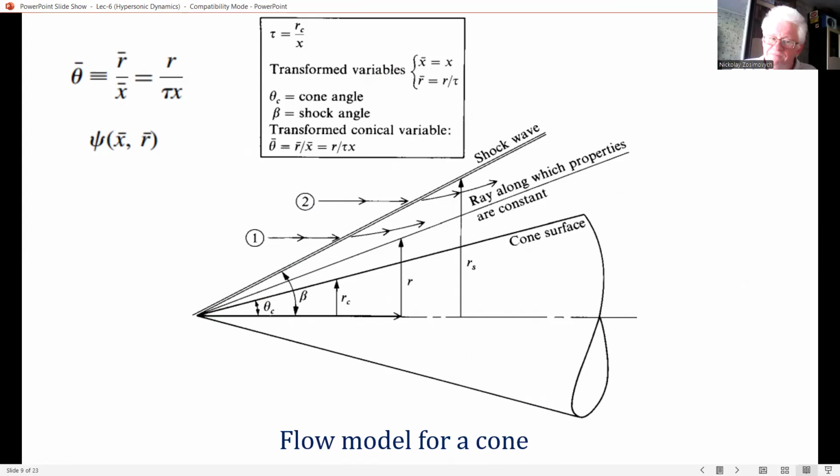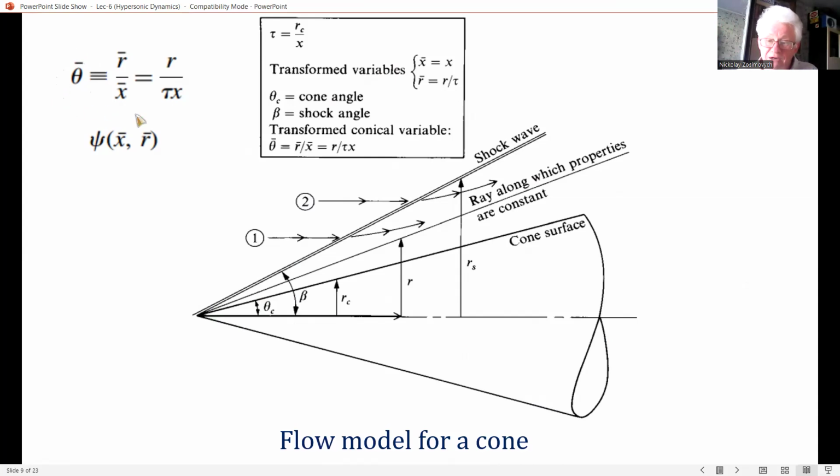Do you agree with me? Which in turn is proportional to r squared, and thus to r average squared. And hence, it makes sense to define the stream function psi as proportional to r average squared times a function g of theta average.